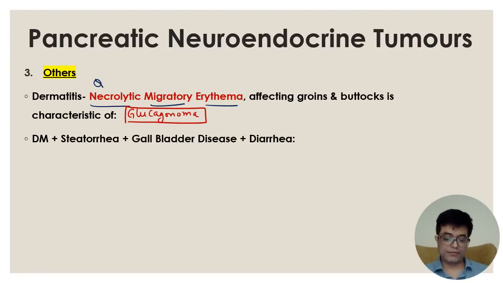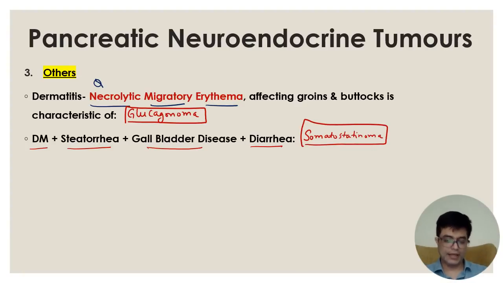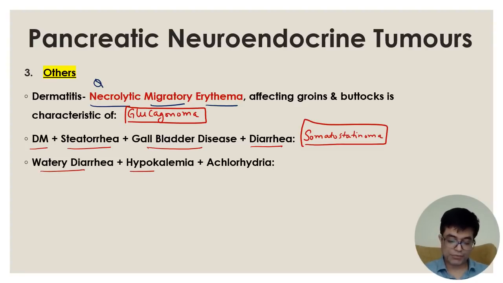Secondly, if the question says there is diabetes mellitus with steatorrhea, with gallbladder disease, and with diarrhea, you will think of somatostatinoma. Here the tumor cells are somatostatin-secreting cells. And third, if the examiner says watery diarrhea, hypokalemia, achlorhydria, this is also written as WDHA syndrome.